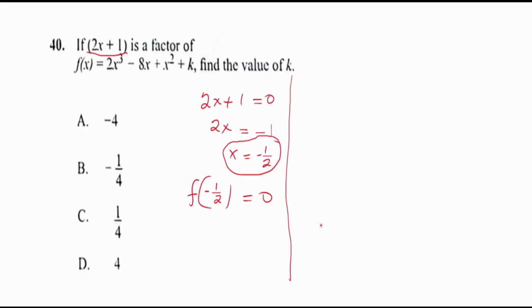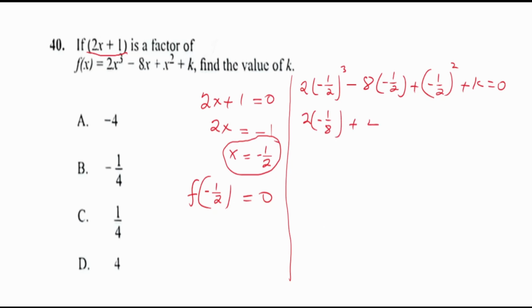So I'm now going to have 2, wherever I see x, I put (-1/2) cubed, minus 8, wherever I see x, I put -1/2, plus (-1/2) all squared. Remember to put it in parentheses. Then plus k equals 0. Then (-1/2) cubed, if you put it in your calculator in parentheses and do it well, you should get -1/8.